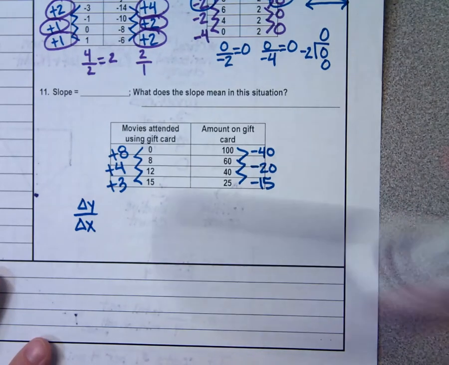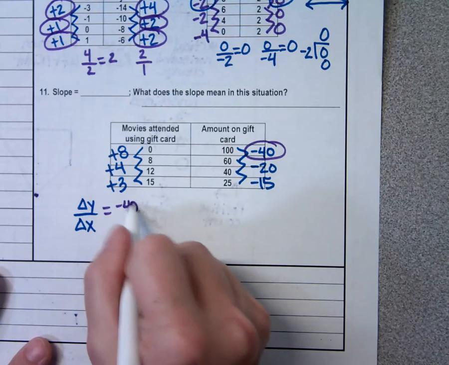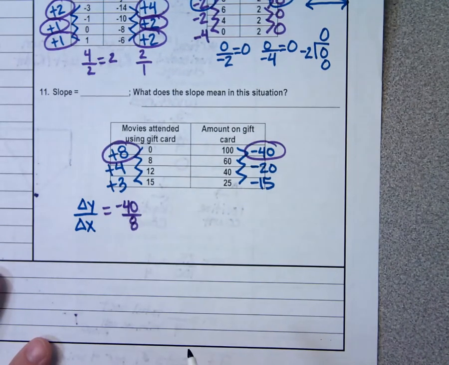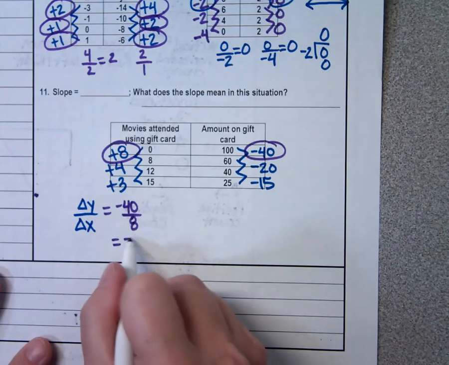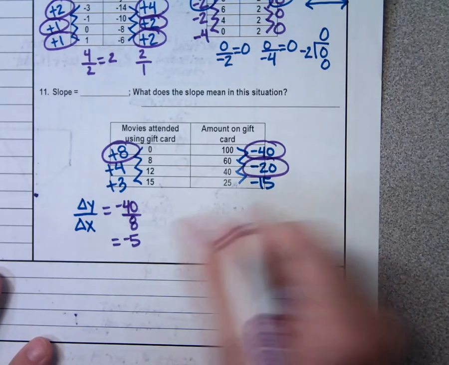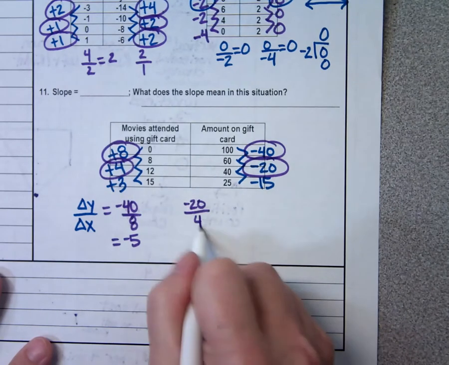Okay, so let's start calculating the change in our y divided by the change in our x. I've got different things going on here, so let's just check. My first change in my y was negative 40, and I divide by the change in my x, which is 8. What does that reduce to be? That's right, it reduces to be negative 5. Let's see if it reduces to be negative 5 the whole way through the table. My second change in my y was negative 20, and I divide by the change in my x, which is 4.